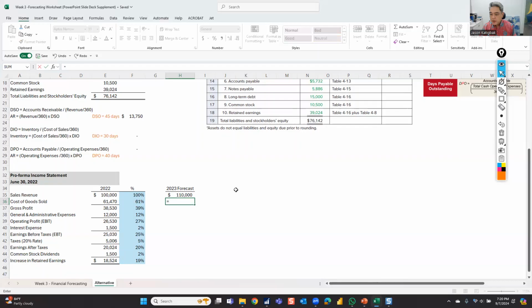I know that about 61% of the cost of goods of sales is cost of goods sold. I can simply multiply it this way, right? So basically, I'm going to be using now the percentage here to express the items in the 2023 forecast. It can be as easy as that.